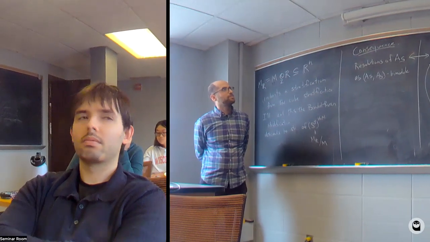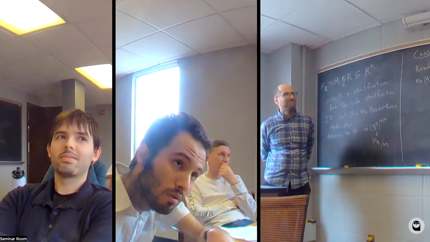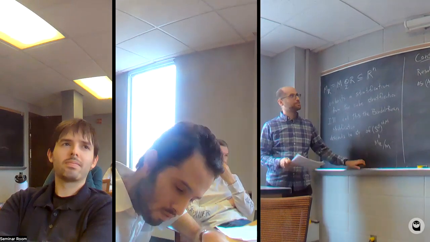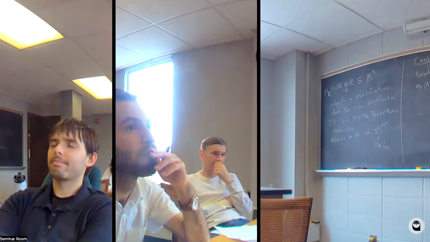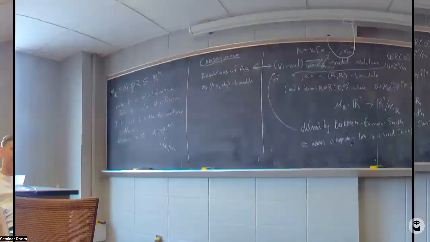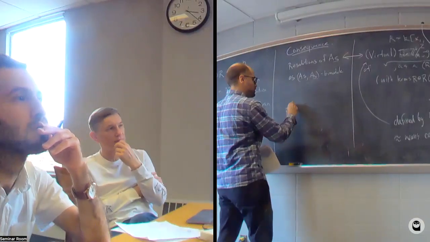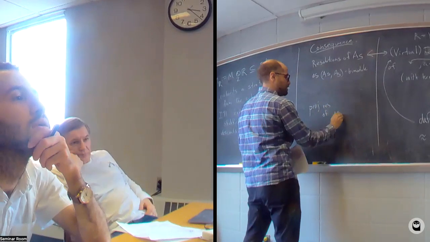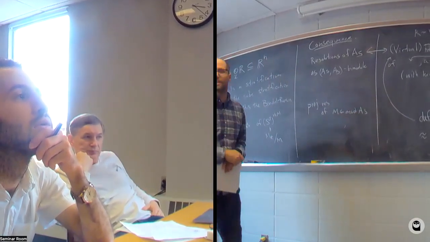What I just wrote is what this means in terms of modules. So the next line, which now I'm out of space for, is: if you take any projective resolution, a resolution of M in mod AS, this corresponds to what I just wrote.